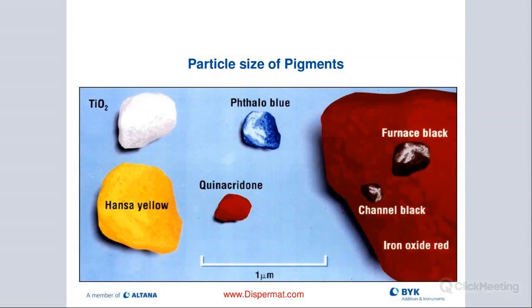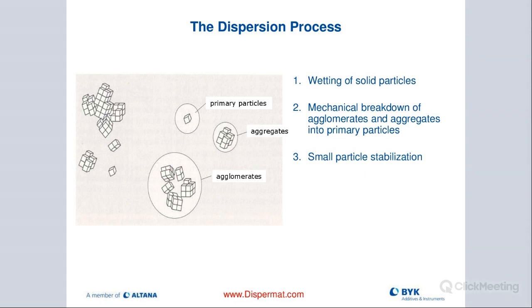So this is a slide showing you different types of pigments out there and what their particle size is. It's an interesting slide I thought I'd throw in there. Here you can see these larger clusters of pigment particles, these building blocks, we call them agglomerates. And the smaller building blocks there are called the aggregates.